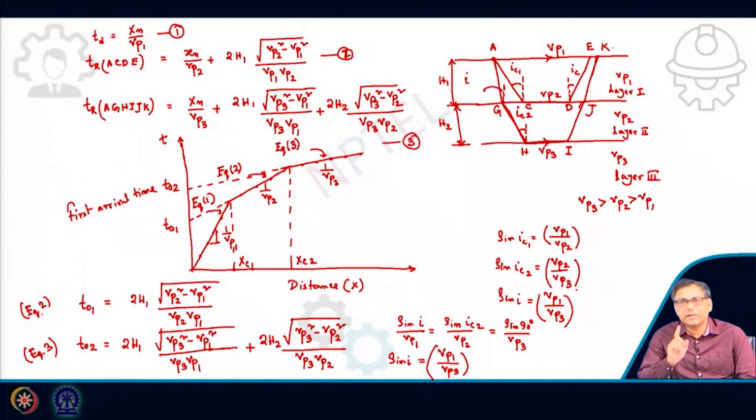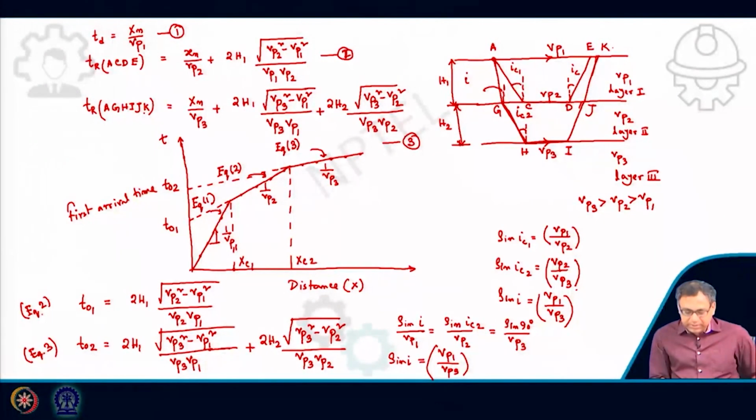If you place any geophone greater than xc1 but in between xc1 and xc2, then this ACDE refracted ray will reach first. And if you place any geophone greater than xc2, then the refracted ray along this path AGHIJK will reach first.